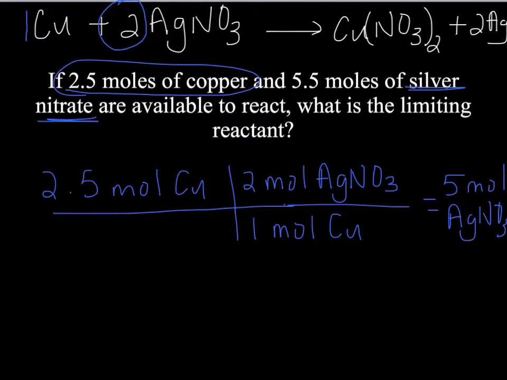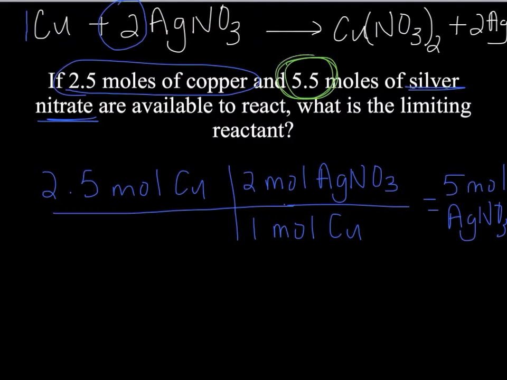So, what exactly does this tell us? This tells us that for 2.5 moles of copper, I'm going to need at least 5 moles of silver nitrate to react with all my copper. So, the question you have to ask yourself is, how much silver nitrate do I actually have?